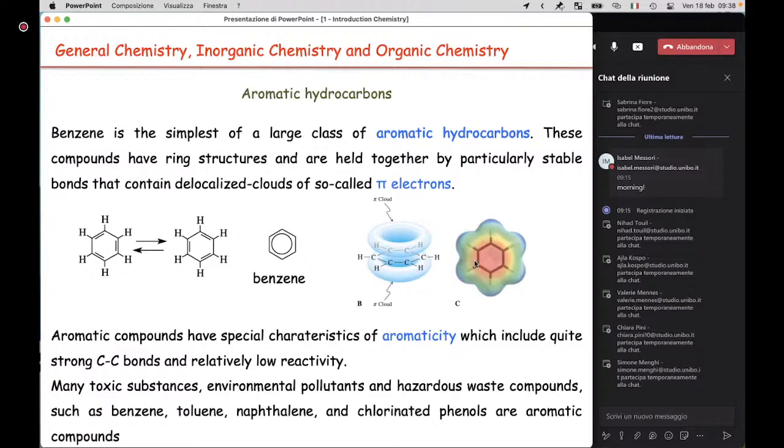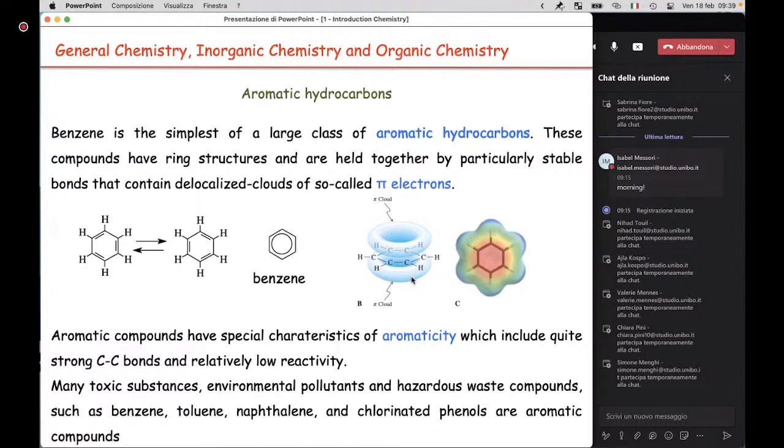So these electrons are very exposed to possible reaction because they are outside the plane of the molecule. And being exposed, they are also quite reactive.